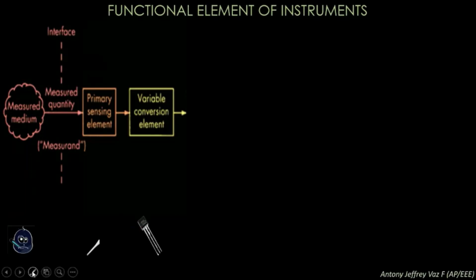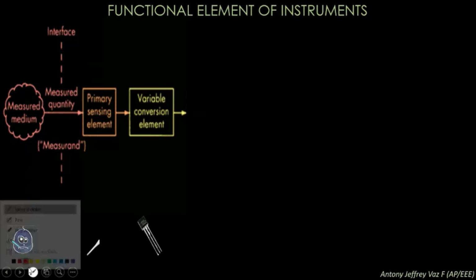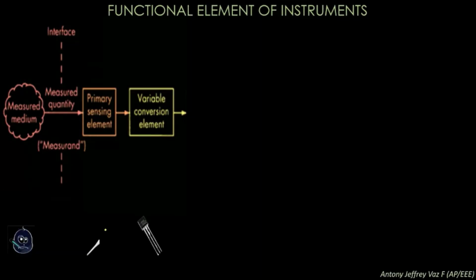For example, 1 degree centigrade is converted into electrical as 0.1 volt. Similarly, 2 degrees centigrade will be converted into 0.2 volt. This is the ratio which this variable conversion element is going to maintain.